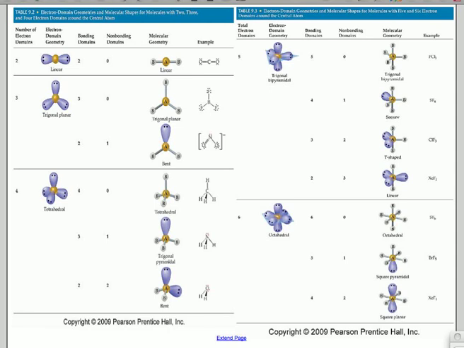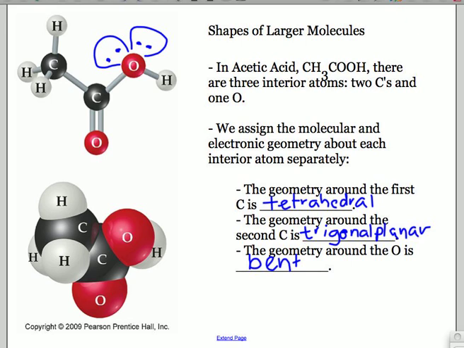And the last slide for this section, I just want you to be aware, is when you have larger molecules, you actually have shapes based on different areas. So if you look at acetic acid, this is a drawing of acetic acid, you would have a shape on the first carbon. You would have a shape on the second carbon, and you would have a shape on your oxygen. So if you look at this first carbon up here, he has 3 bonds to hydrogen and a bond to carbon.